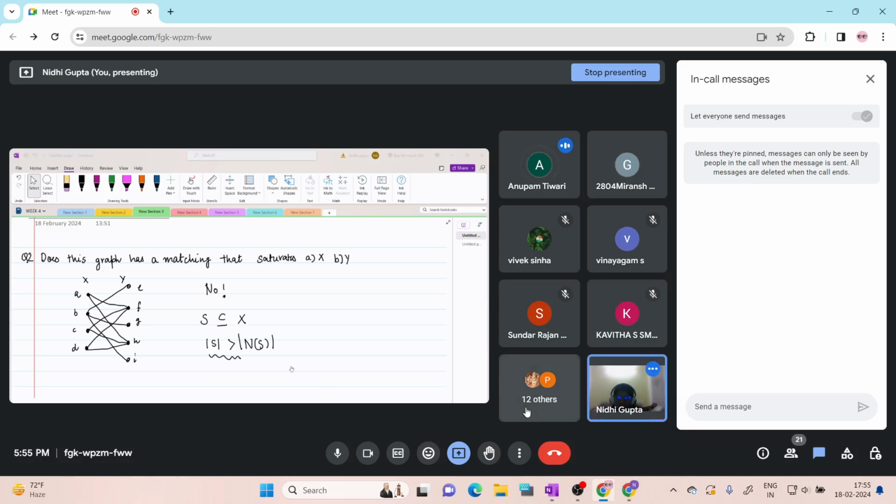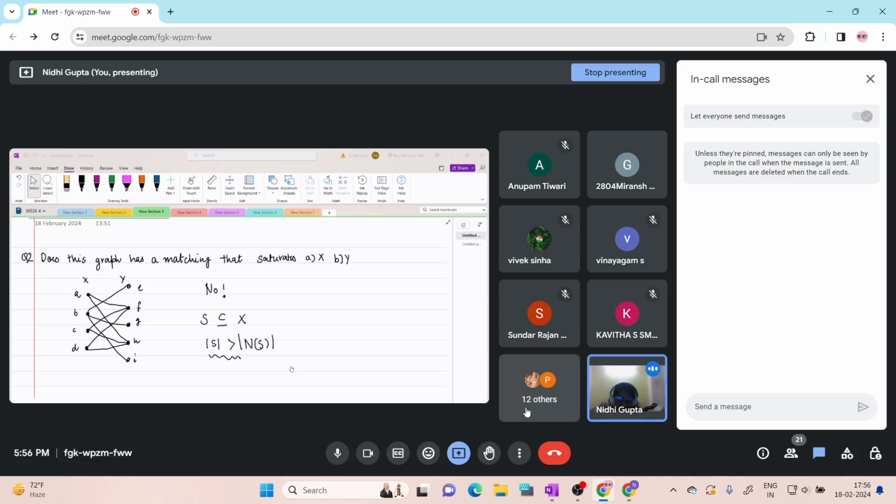First of all, just say yes or no. Don't tell the set. Ma'am, in X there are four nodes, and in Y there are five nodes. Yes, so definitely Y is not saturated because it has one extra node. Okay, yes, for Y it is fine, but for X, just tell me first if the answer is yes or no, or you can write in the messages.